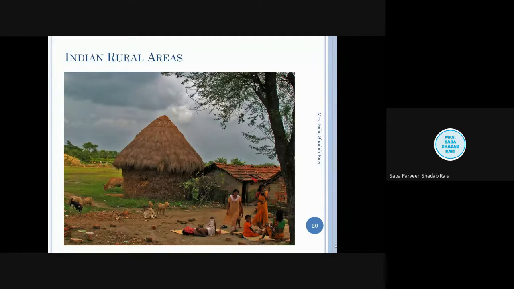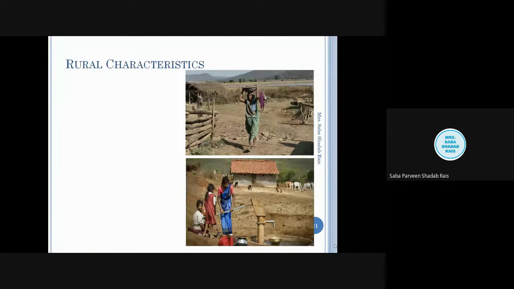So in short, you can say the maximum Indian population stays in the village area. There is hardly a small portion, approximately 31%, staying in the urban areas. So let us study what are the characteristics of the rural area.